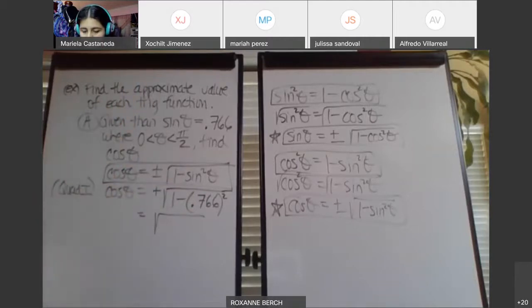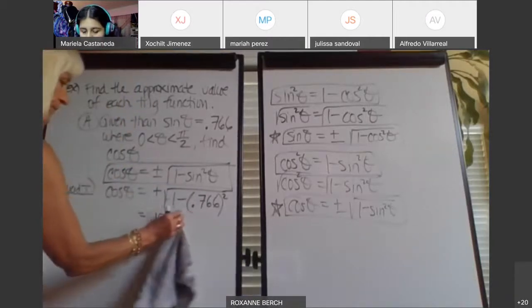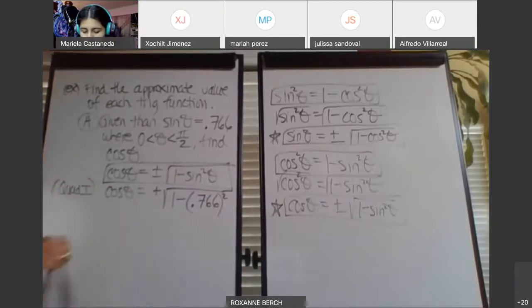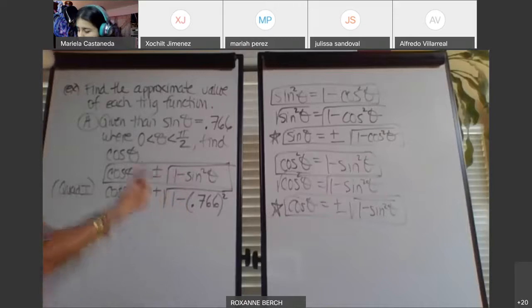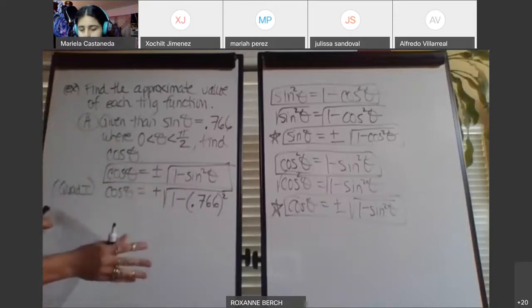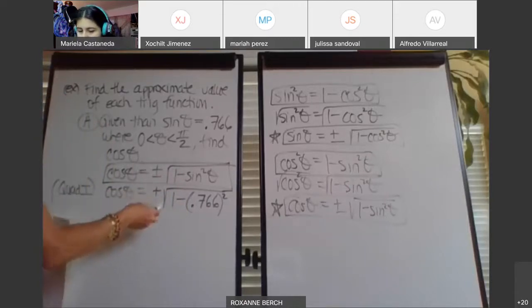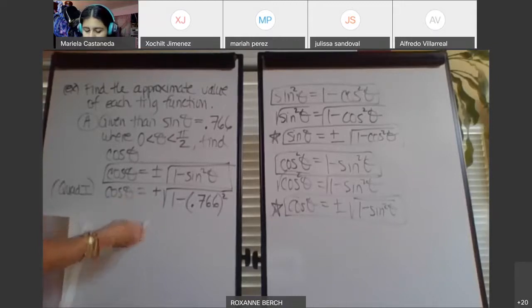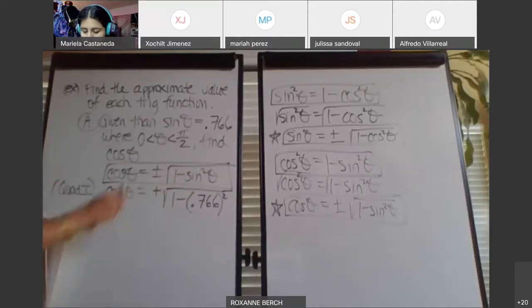You can put it in the calculator all at once if you want. Just be careful with whatever you do. You can either wait and evaluate the radical, we just don't want to round too much, or you can put this in the calculator. So let's try this and see if you can do it.